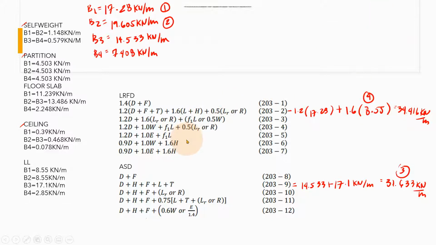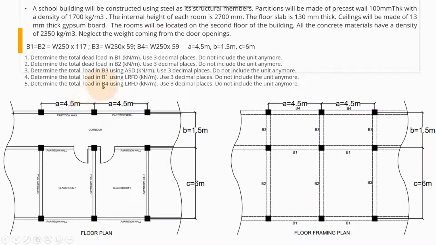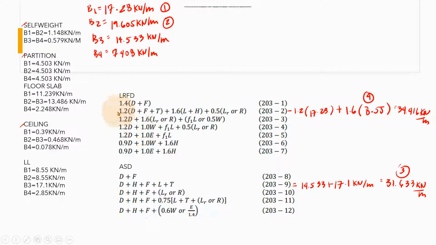And then for our number 5, determine the total load in beam 4 using LRFD. So, using LRFD, so ganun ulit, beam 4. So, we have 1.2 multiplied by 7.408 plus 1.6 of the live load, which is 2.85.